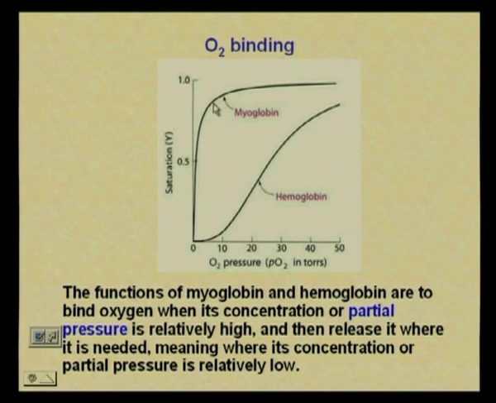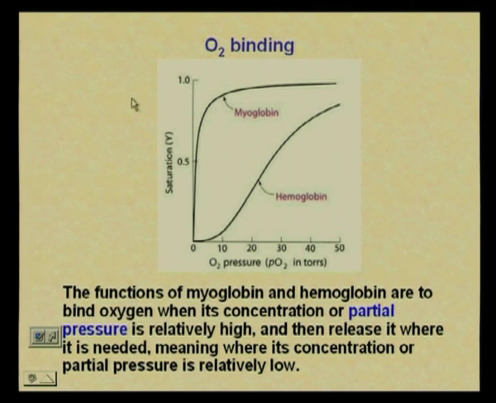So, when you are in dire need of oxygen, myoglobin, which is the storage protein, will release the oxygen at that point only. Say you are panting for breath, you have run up the stairs because you are late for class. Okay. Then your tissues lack the oxygen, the myoglobin will come to the rescue, and because your pressure has gone down, it will give the oxygen that is required.